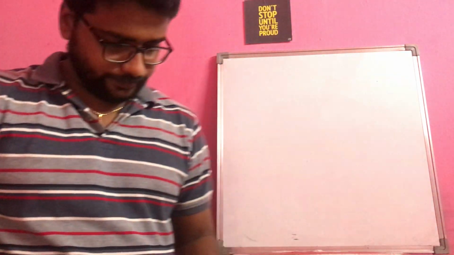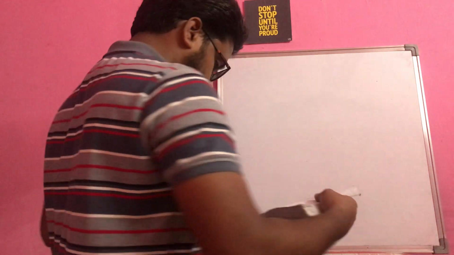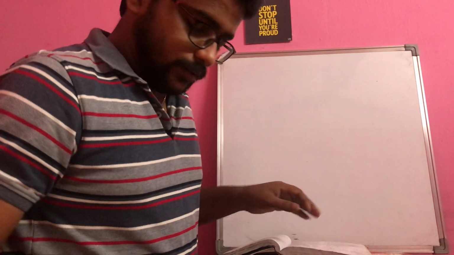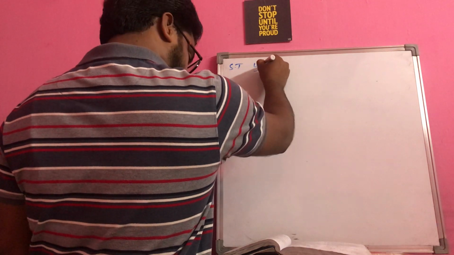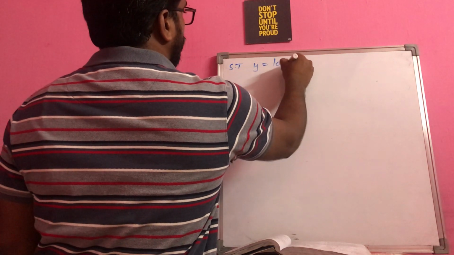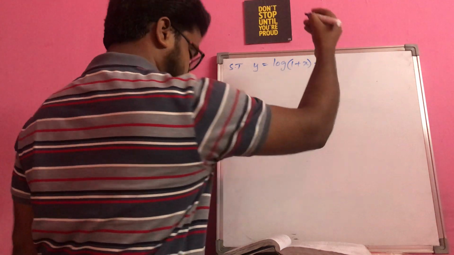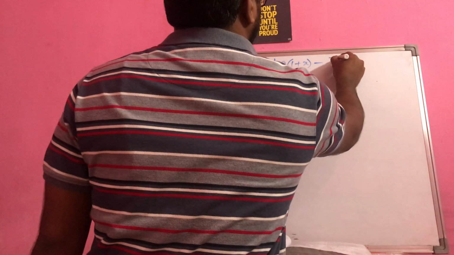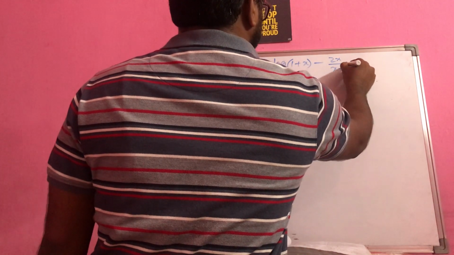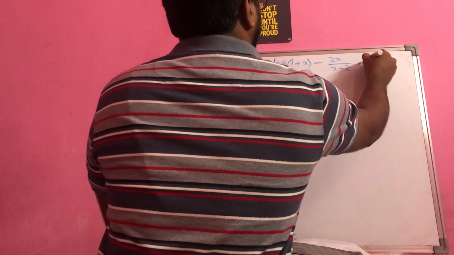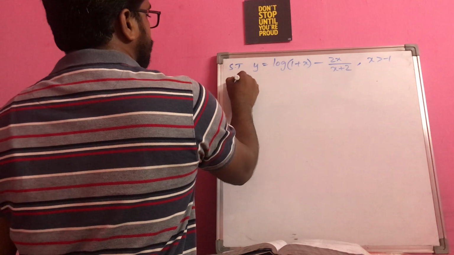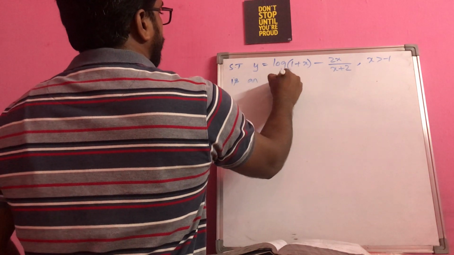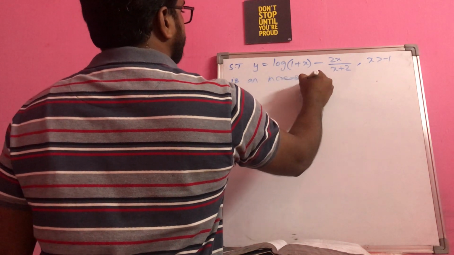Now let us see some more important problems. Yeah, this question we will see. Show that the function y is equal to log of 1 plus x minus 2x divided by x plus 2, x greater than minus 1, is an increasing function.